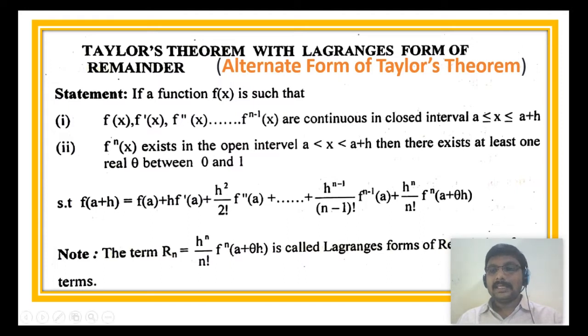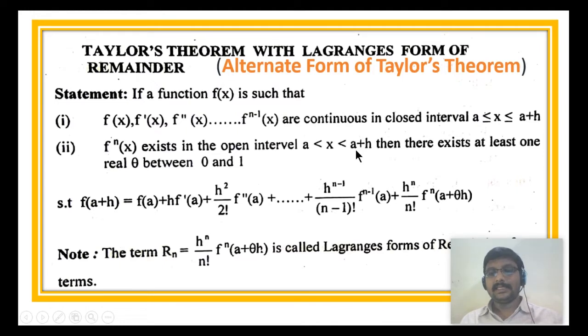So here b is replaced with a+h, and satisfying these conditions: f(x), f'(x), f''(x) and so on, up to the (n-1)th derivative of f at x, are continuous in closed interval [a, a+h], and the nth derivative of f(x) exists in open interval (a, a+h).